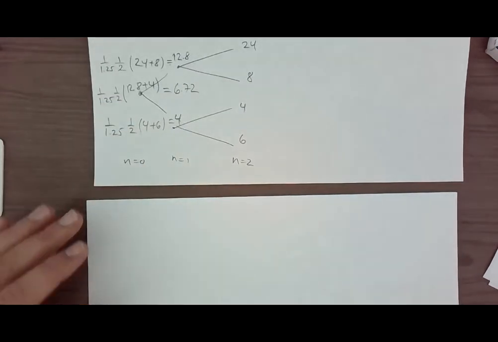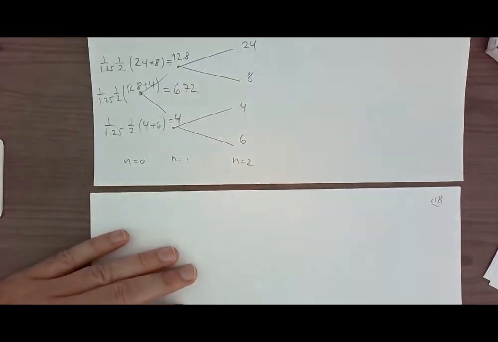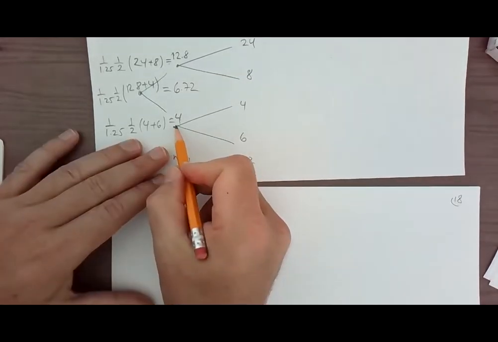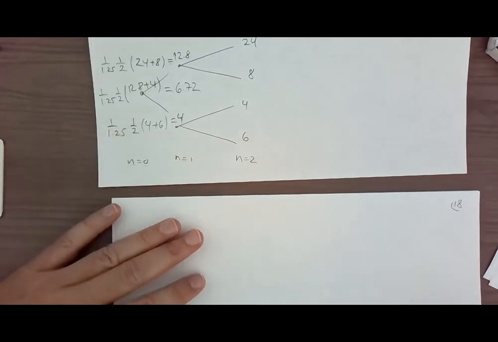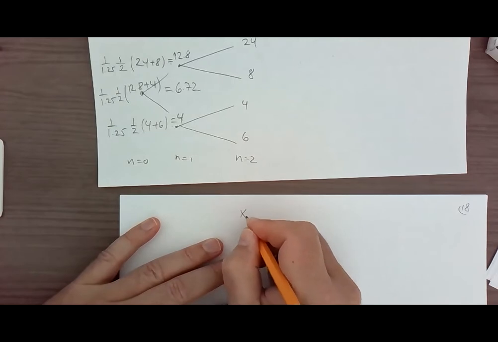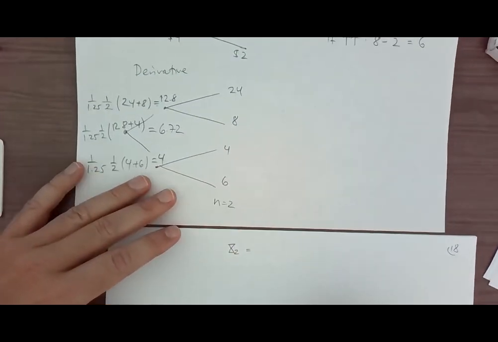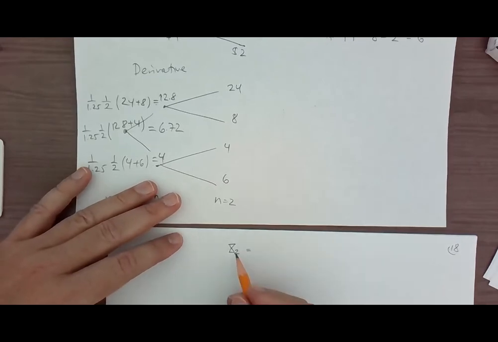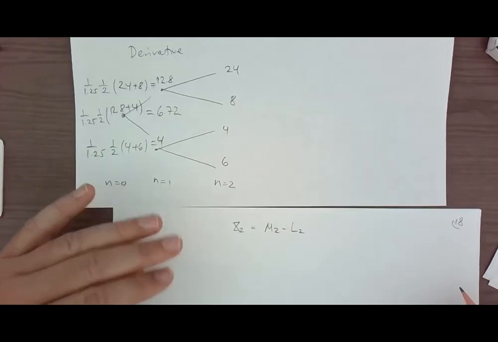Okay, so the replicating property is, we're sitting here, we need to replicate these two. Okay, so what is that? Well, let's just remember, I want my wealth at time 2 to be this payoff. I want this to be equal to M2 minus L2.